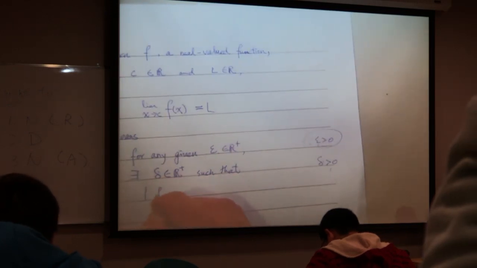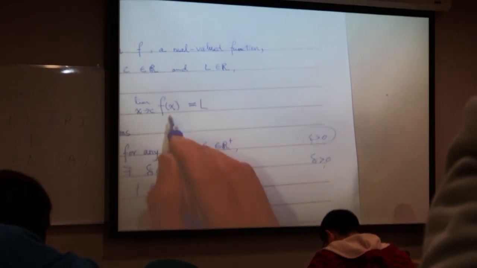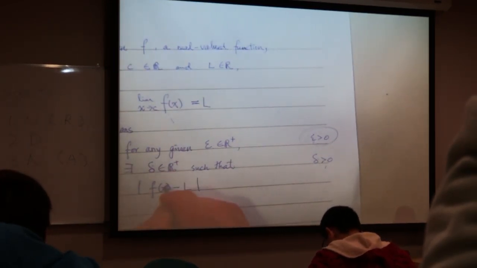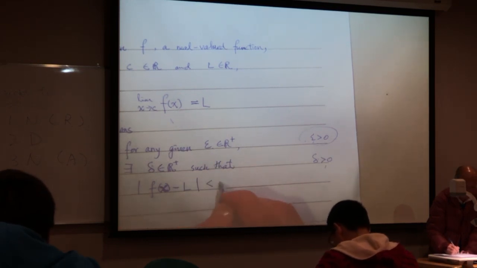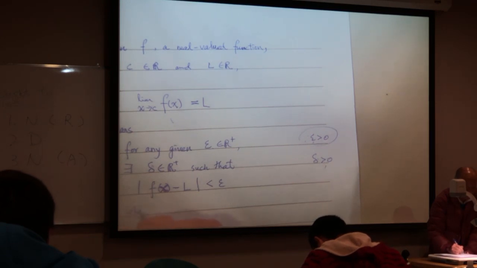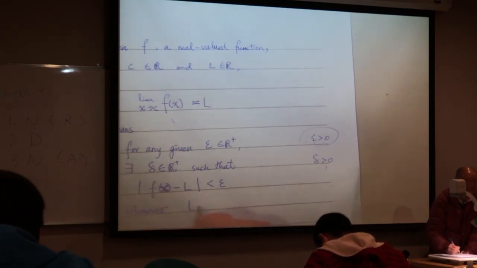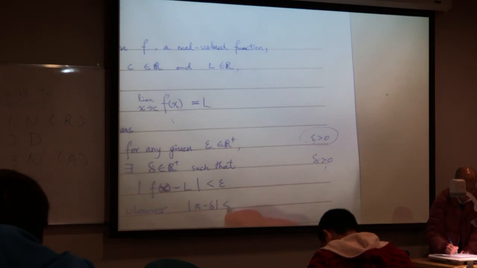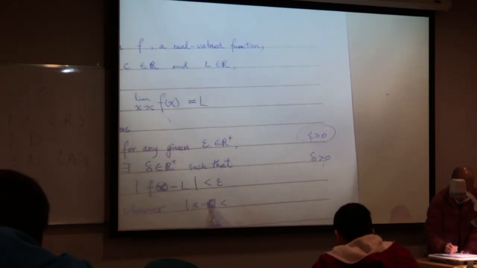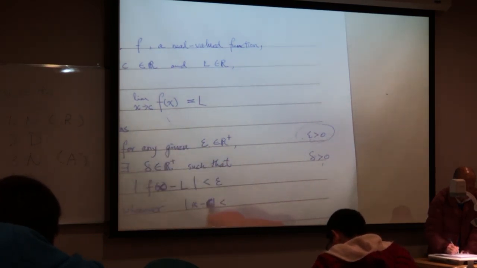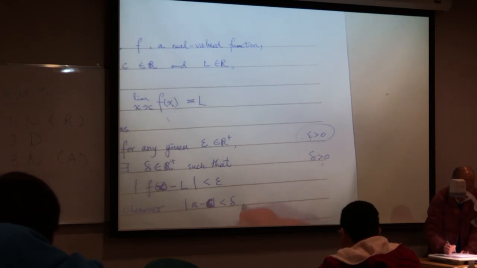the absolute value of the functional value f(x) minus L is smaller than this epsilon, whenever x minus C, this C is this C, the absolute value is smaller than delta.